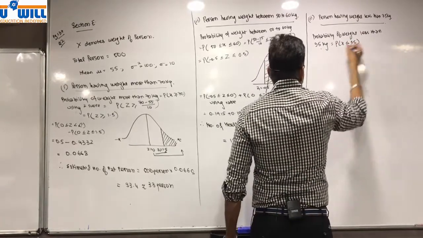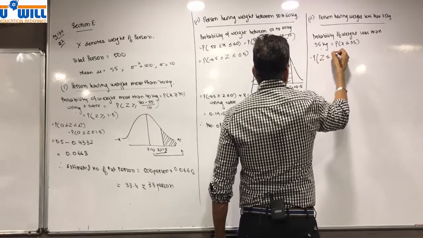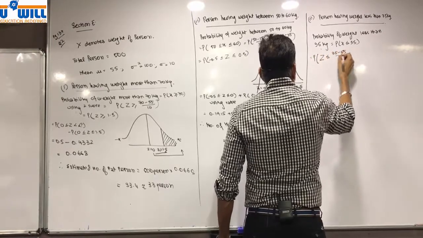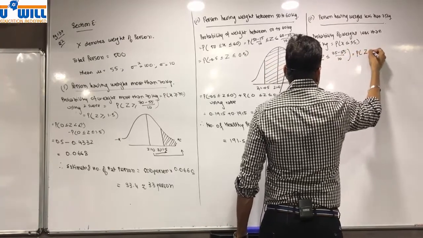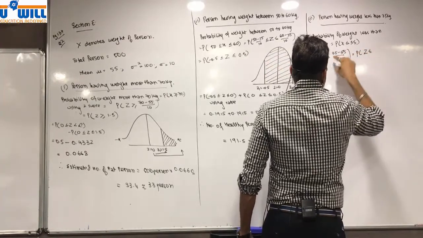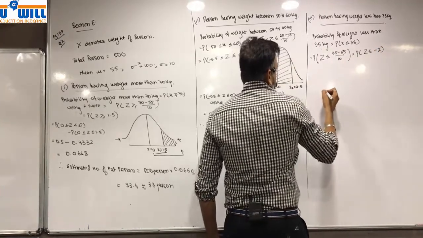We convert it into z, which is equal to probability of z less than equal to (35 minus 55) upon 10, which is probability of z less than equal to minus 20 upon 10, so minus 2. We draw the graph.